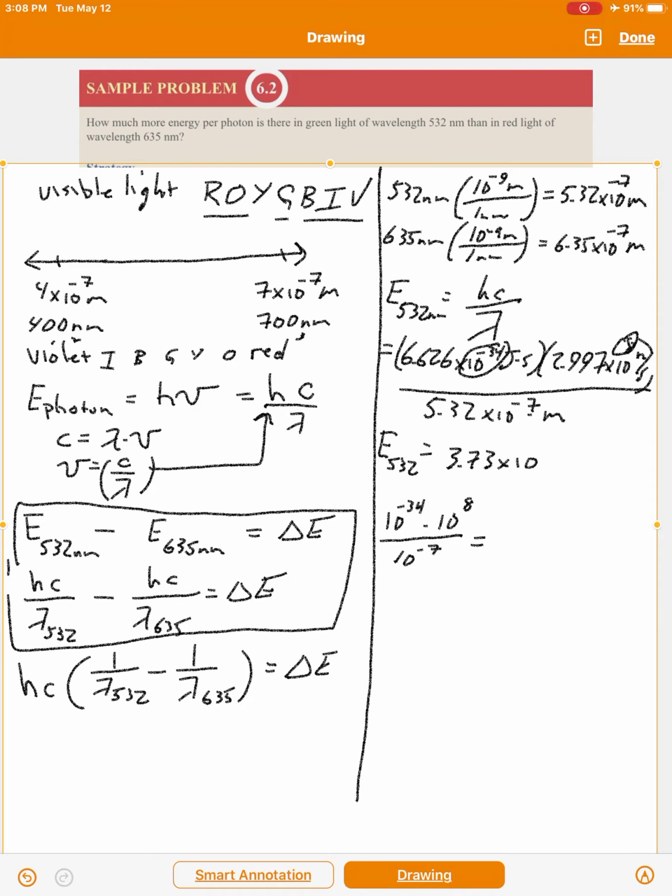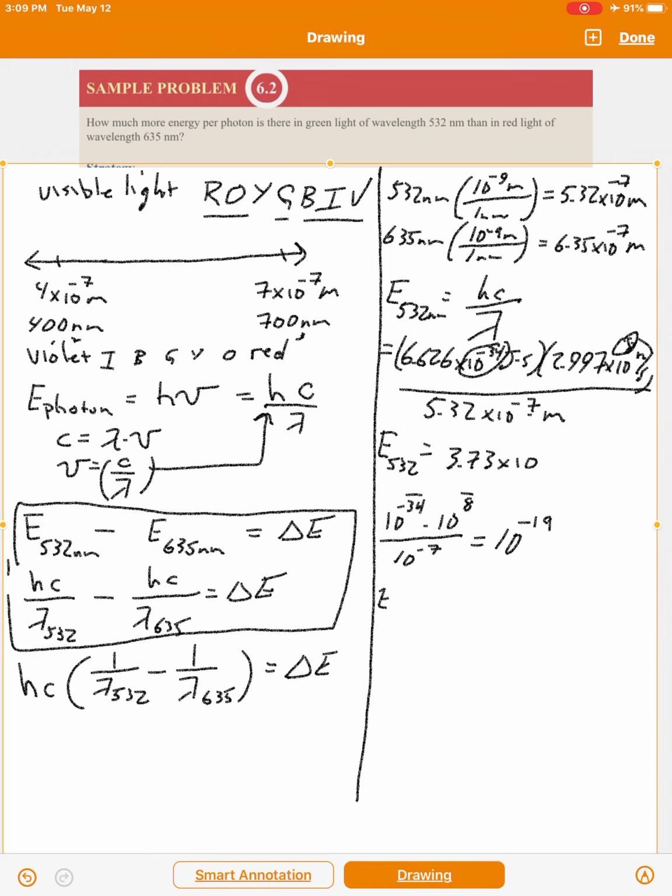When you divide, you subtract the exponent. So this would be 10 to the negative 34 plus 8, which is negative 26, minus a minus 7, so that's plus 7. Negative 26 plus 7 is negative 19.